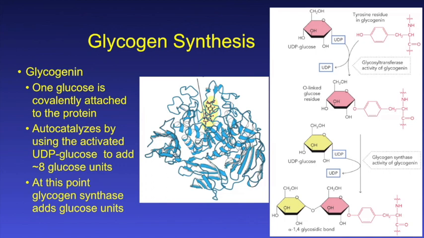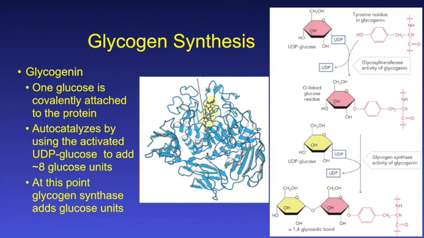Glycogenin is kind of an interesting little protein. It has the ability to add an alpha-1,4 glucose and make a very short chain that becomes the primer. It also is important that one of the glucoses is covalently linked to the protein itself.